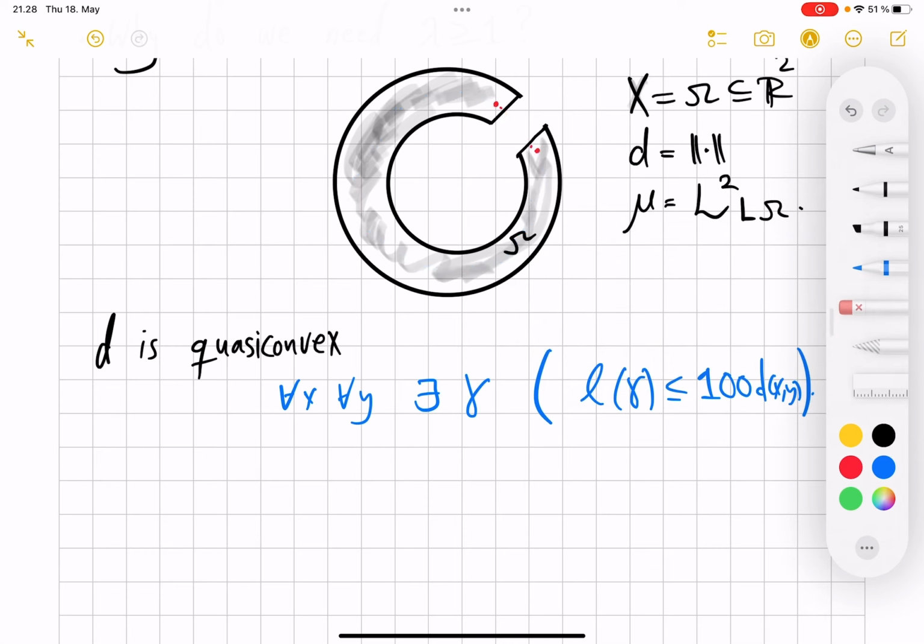Again, I put a function that starts with some constant value around here, and some different constant around this part. But, well, because you have a Lipschitz, in particular continuous, function, these values will come together.